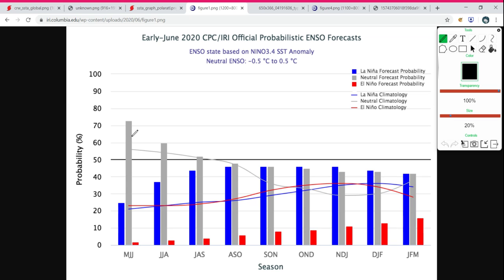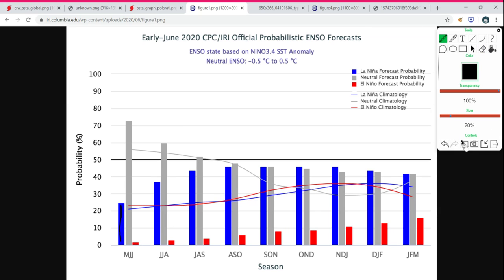You can see right now we're in neutral conditions, but I bet you're looking at this chart and wondering what all these numbers mean. This gray bar is the probability of ENSO neutral conditions. The blue bar is the probability of La Nina, and the red bar is the probability of El Nino.